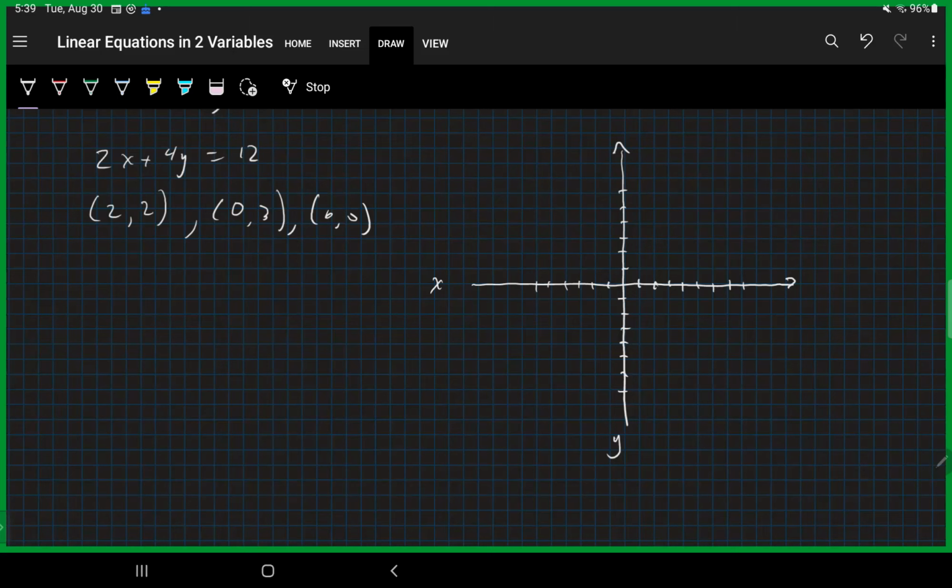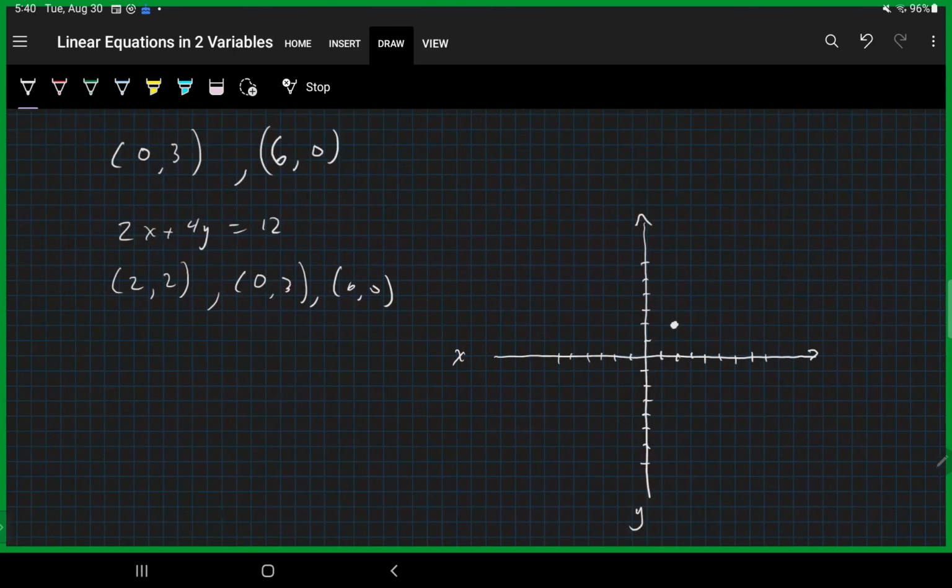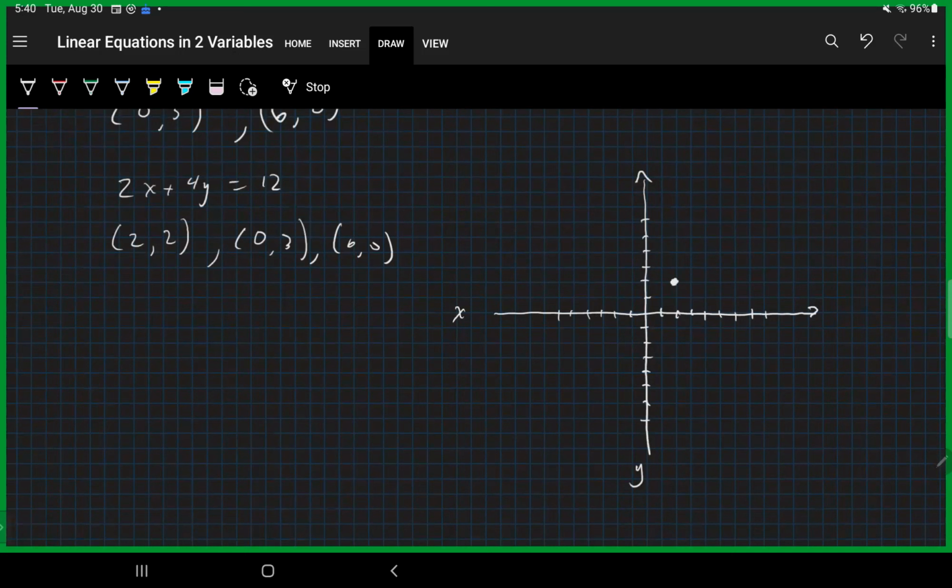So let's plot some values here. 2, 2 is up in quadrant 1. And 6, 0, 1, 2, 3, 4, 5, 6, and 0, 3 are both on axes. All right, so normally I like to use a straight edge. I'm going to have to wing it here because my tablet does not like me messing with straight edges.